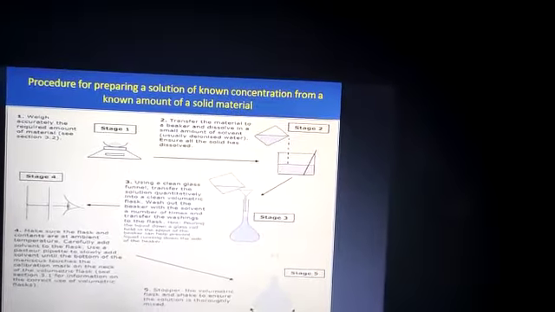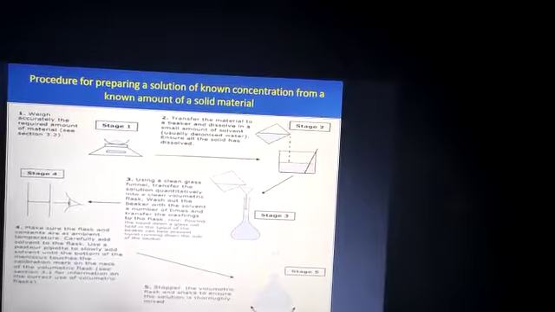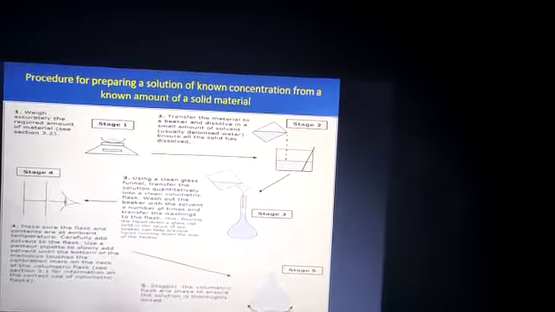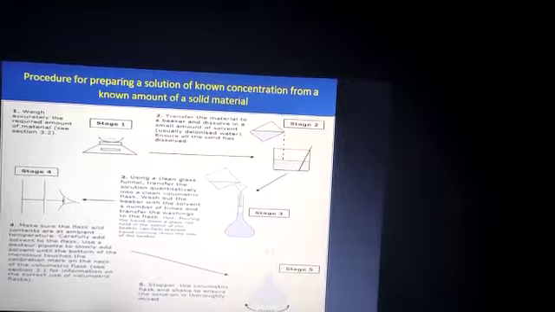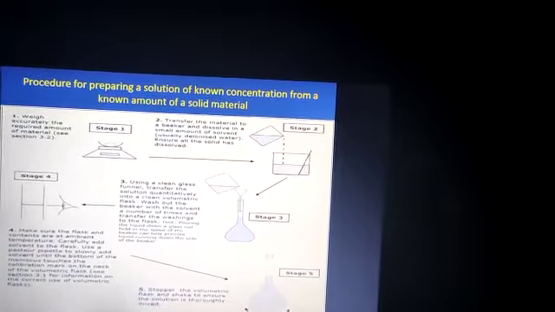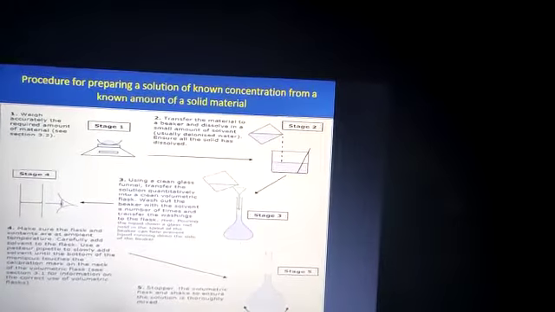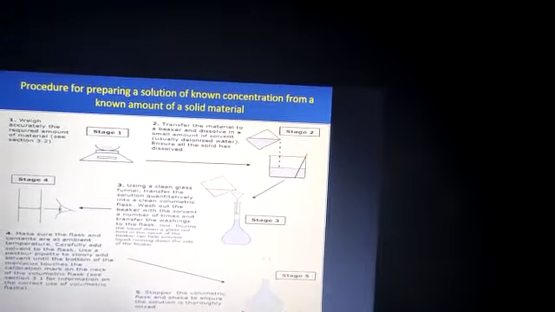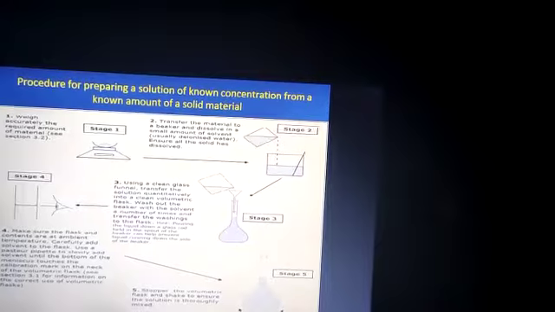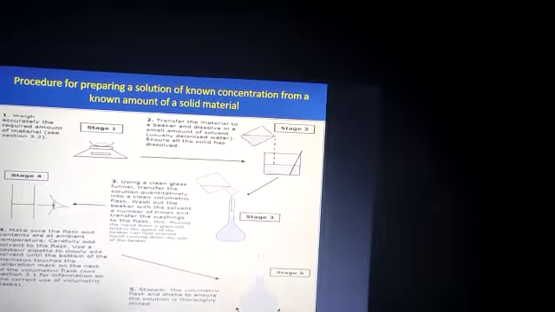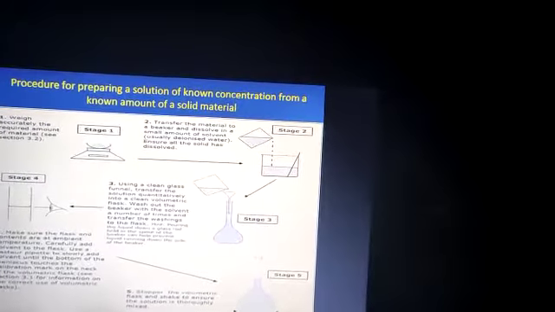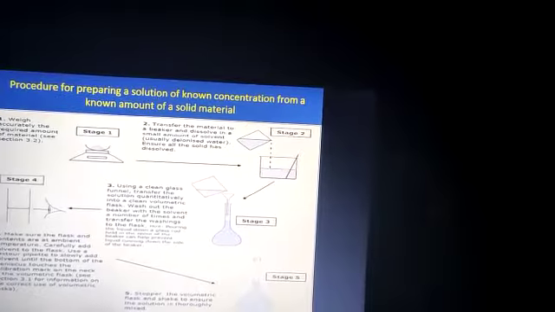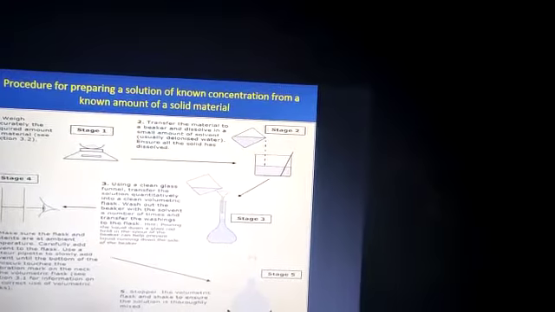Then we go to stage 3. Using a clean glass funnel, transfer the solution quantitatively into a clean volumetric flask. Wash out the beaker with the solvent a number of times and transfer the washings to the flask. A hint, pouring the liquid down a glass rod held in the spout of the beaker can help prevent liquid running down the side of the beaker.